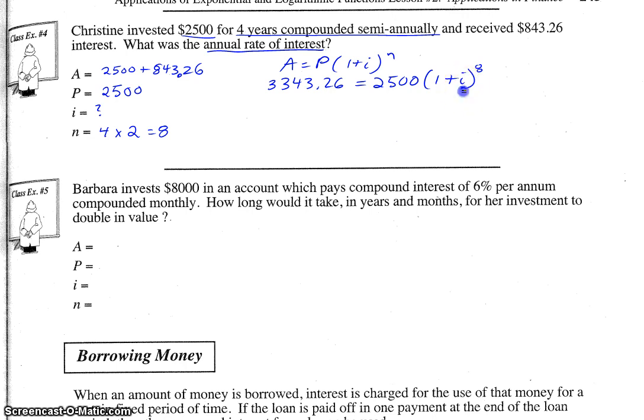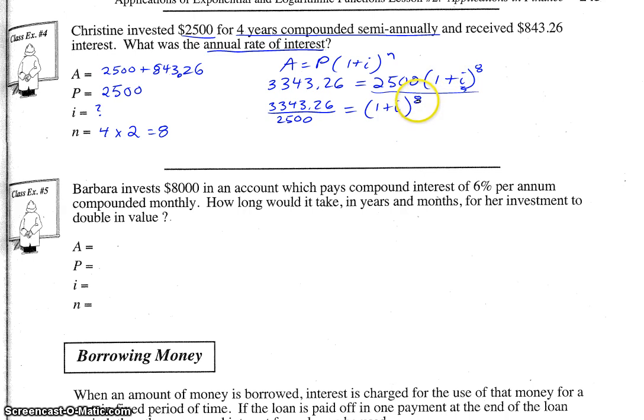You'll notice I is right here, so first thing we would peel away from the left side is the multiplying, so the 2,500. So we would divide both sides by the 2,500, and we would now only have 1 plus I to the 8th on the right hand side. Now we need to get rid of the exponent so that we can get at the I inside the brackets.